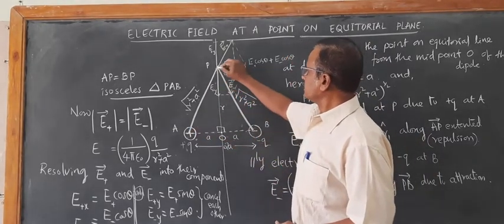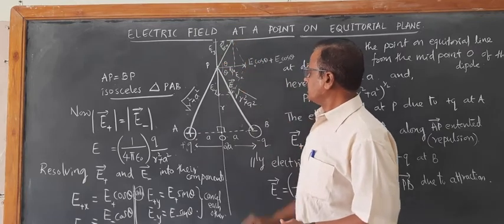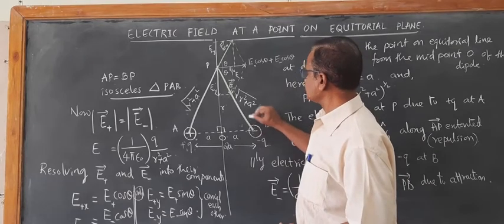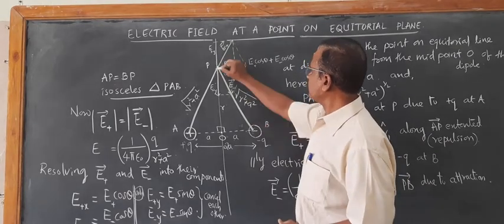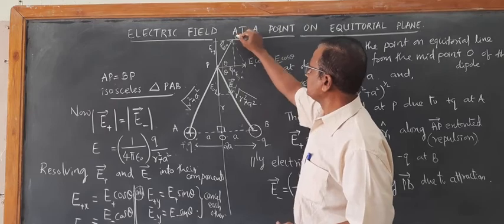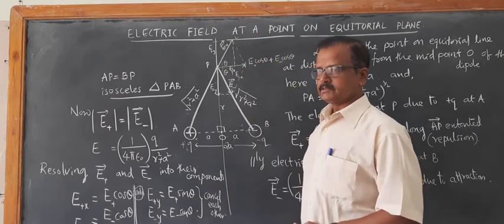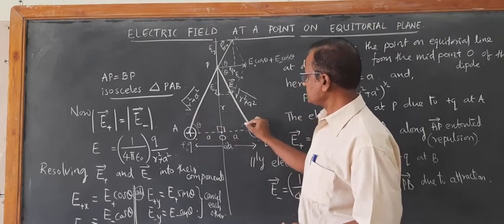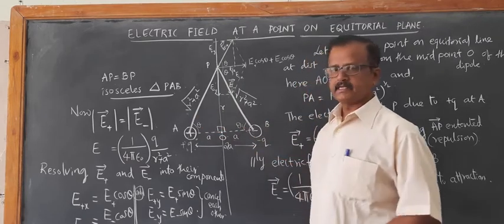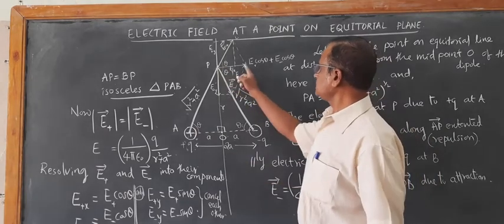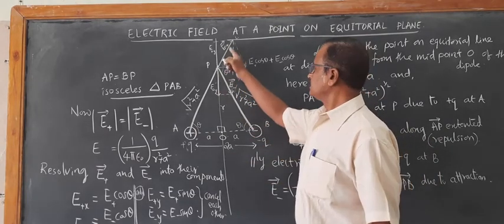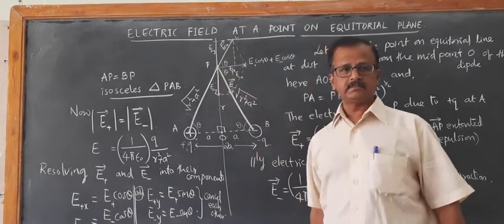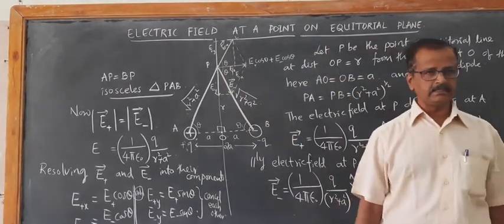You see this is an exterior angle. What is that exterior angle? The angle which is formed at P, BPL, is the exterior angle. So this exterior angle is the sum of the two interior angles, theta plus theta. And second thing is that the resultant bisects the angle BPL.